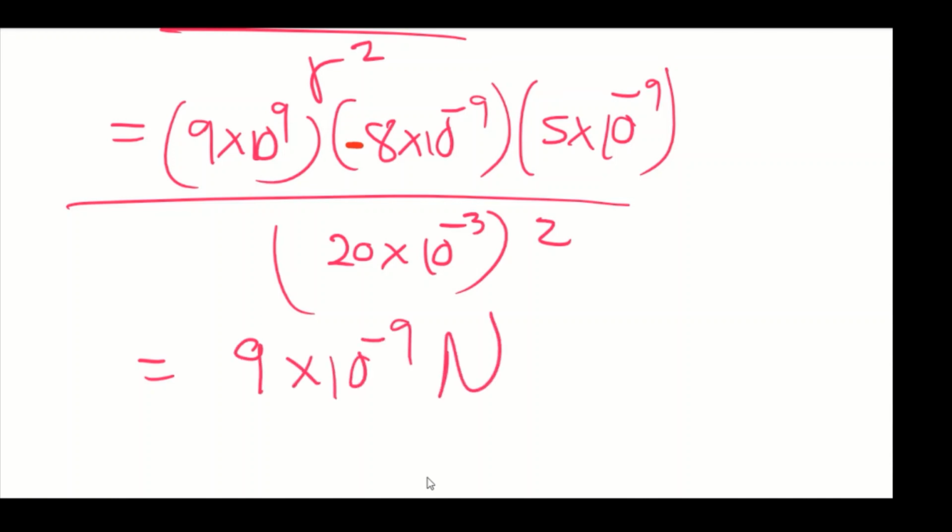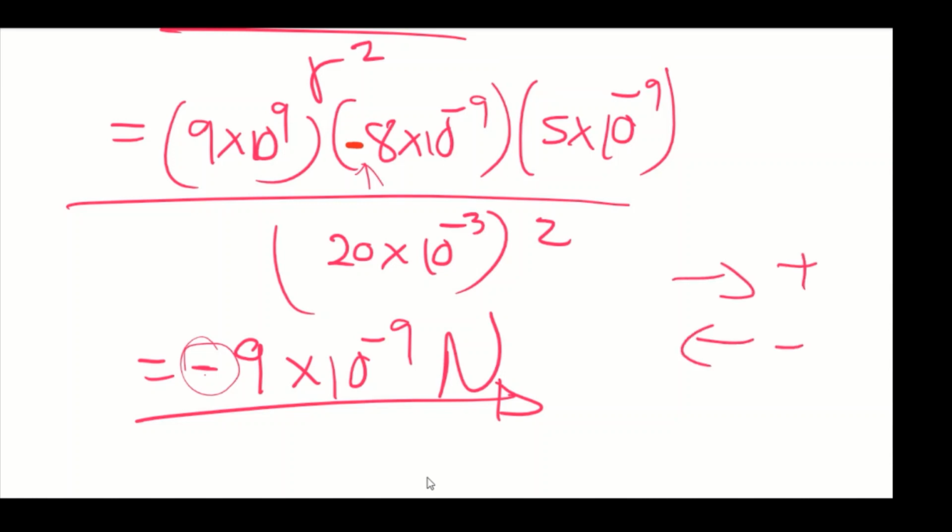If you include that negative, it's just going to be negative 9 times 10 to the power of minus 9. This sign will just indicate the direction of the force. If you choose right to be positive, then left would be negative.